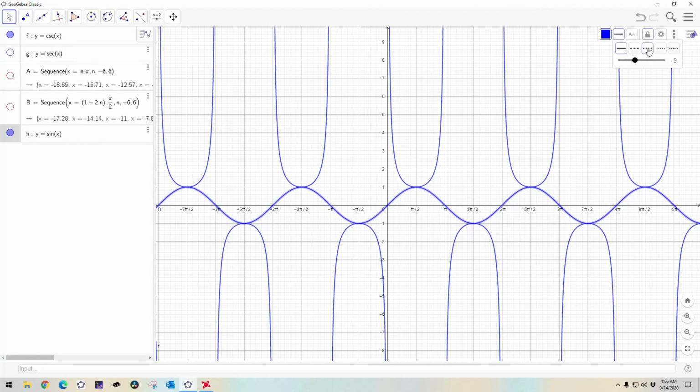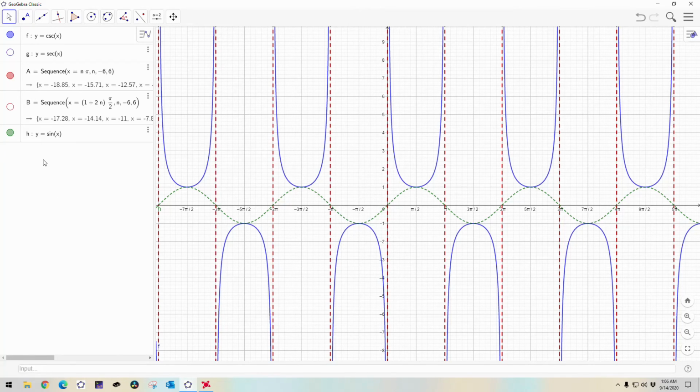Let me go ahead and dash the sine there so that you can see truly that cosecant does actually fit into the sine curve the way that we discussed. And on top of that, there are asymptotes that the cosecant obeys that happen every whole number times pi. You see 0, pi, 2 pi, 3 pi, and so on and so on.